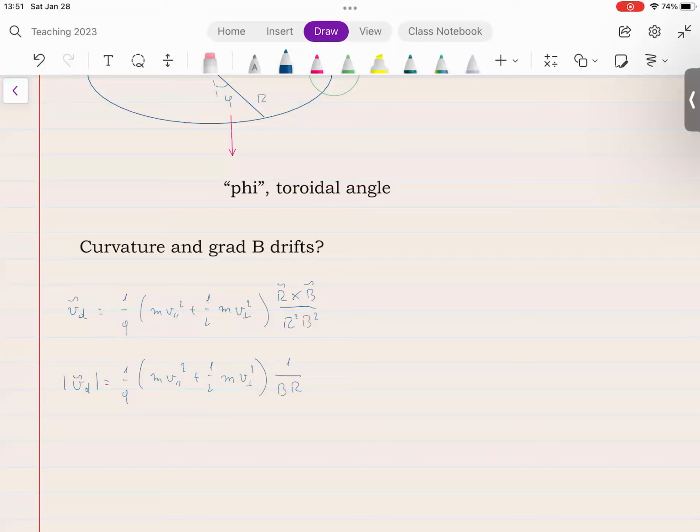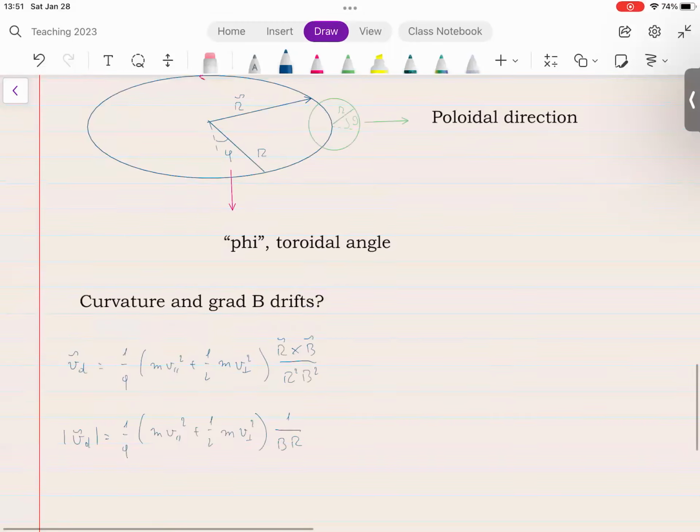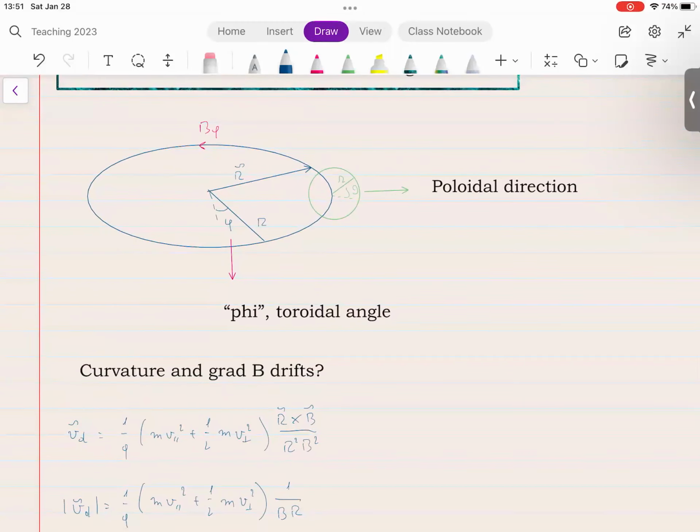Okay, what's the direction? Well, I do the cross product between the r and phi components. Should be clear, I hope it is, that the drift velocity is in this direction.